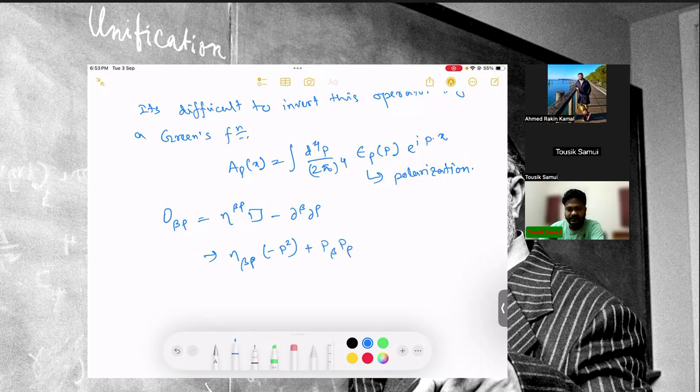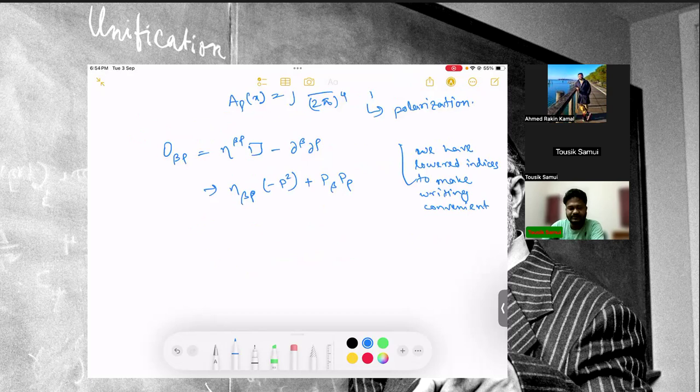We have just lowered the indices to make our writing convenient, but other than that, it's the same thing.